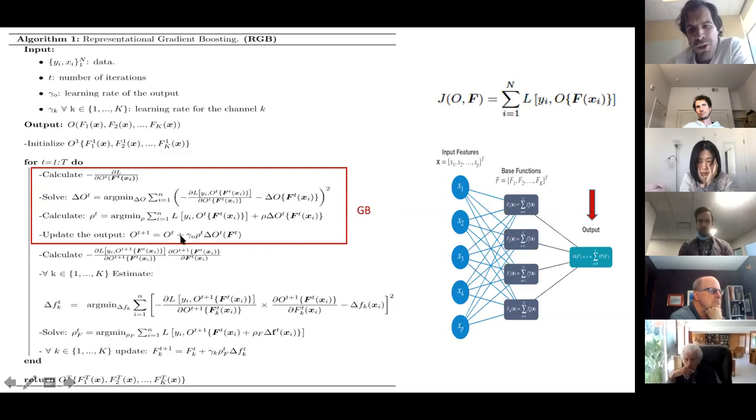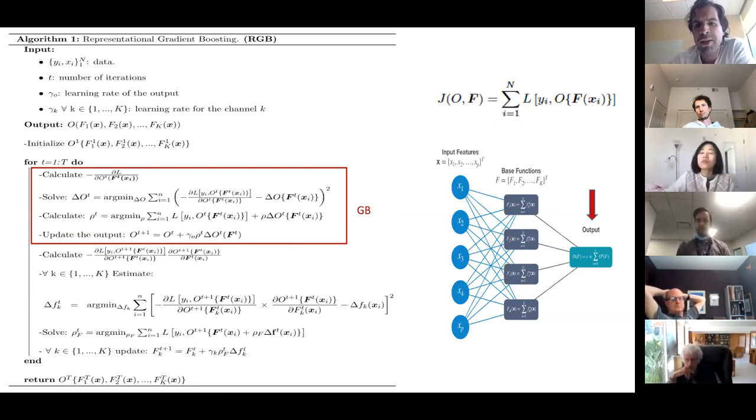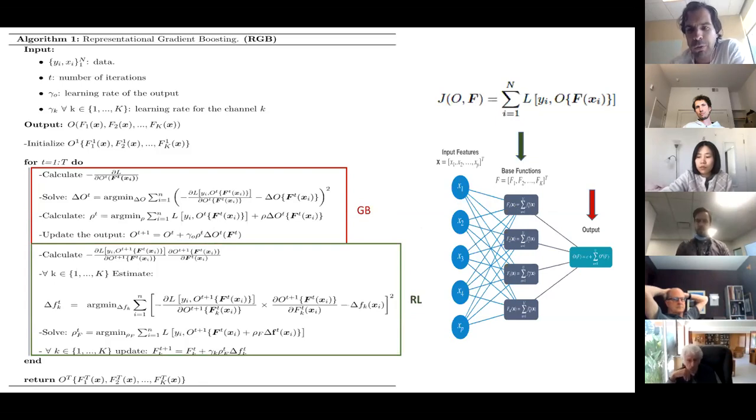Now, once you have an estimate of O, if you want to estimate the Fs, you have to backpropagate the residual back, but in the space of functions. Because here, we are not moving in the space of parameters; similar to gradient boosting, we are moving in the space of functions to make the updates that are typical of gradient boosting.